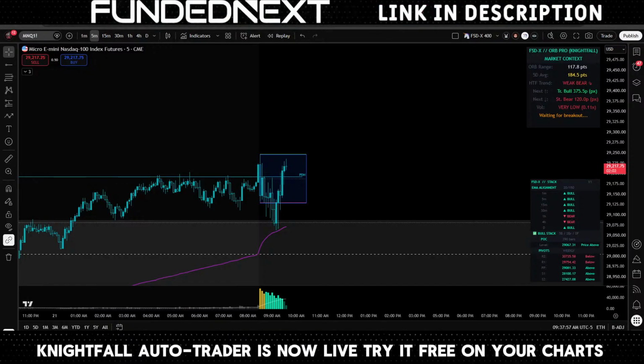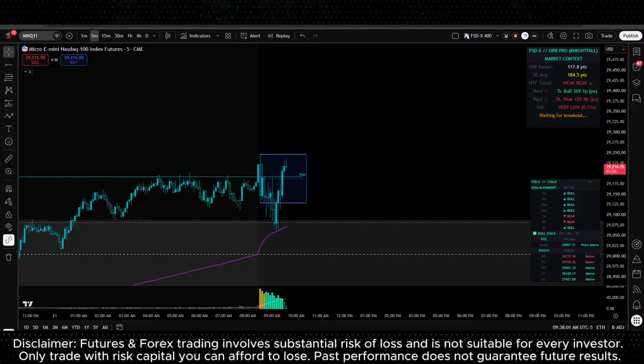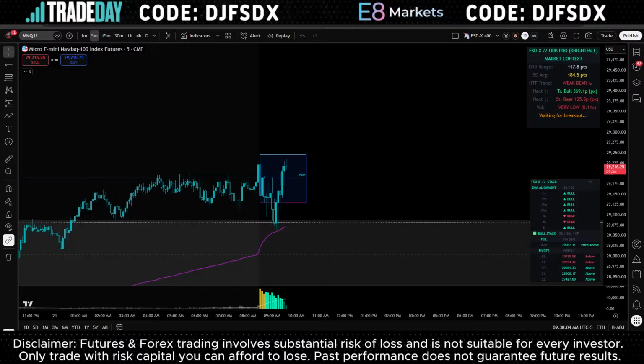I'll give it a little more time to see if we could get that breakout, and see if there's going to be something going on. Obviously it's not going to be valid, but I can at least say what price could possibly do.